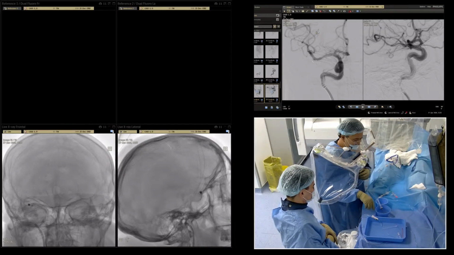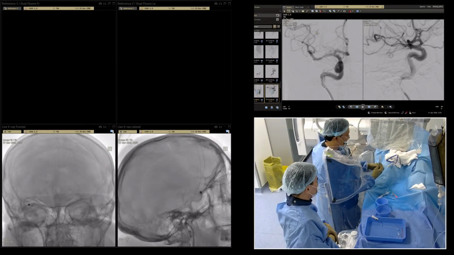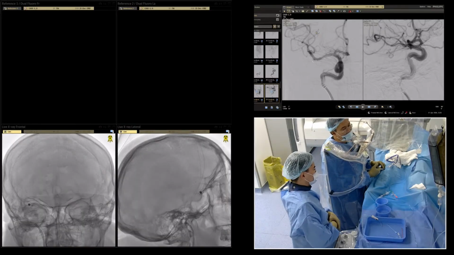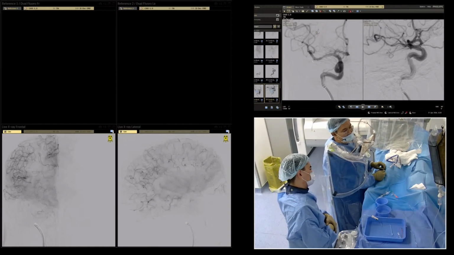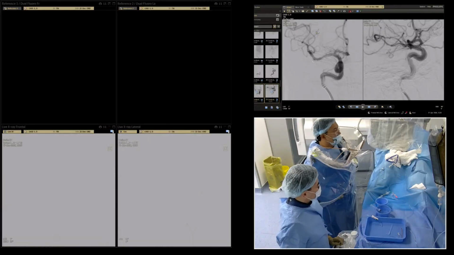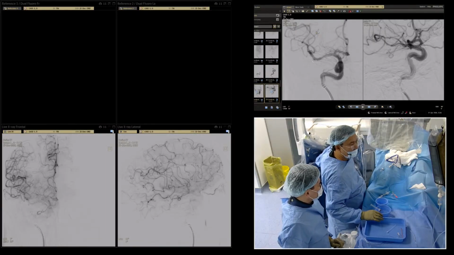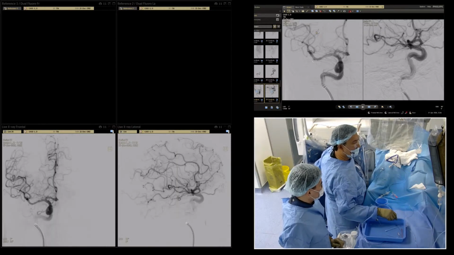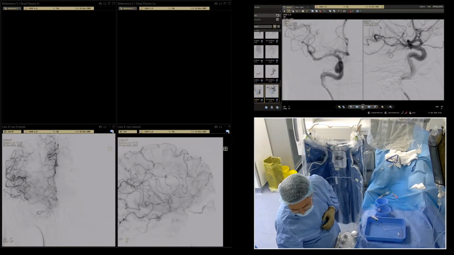Okay, let's check one more time. Let's check also the piece of squid. Right, the territory is okay. It's not occluded. Yes, the branch is in place, everything is okay. Just a second, let's enlarge it.